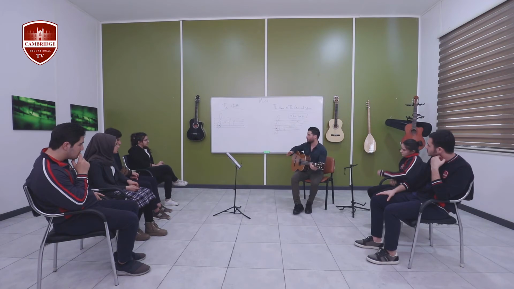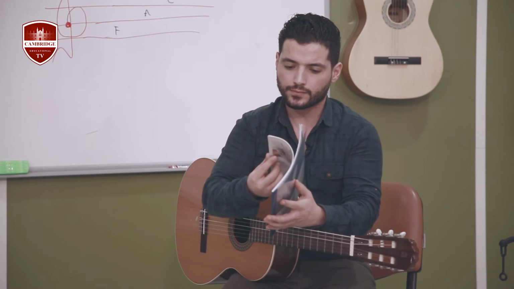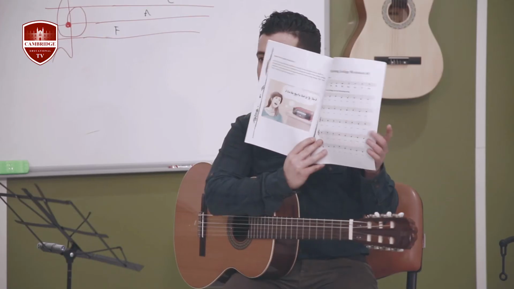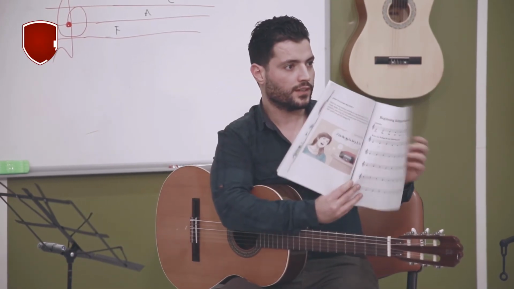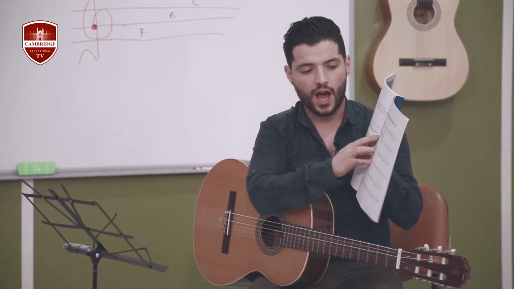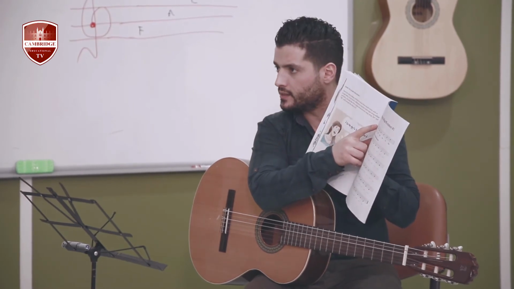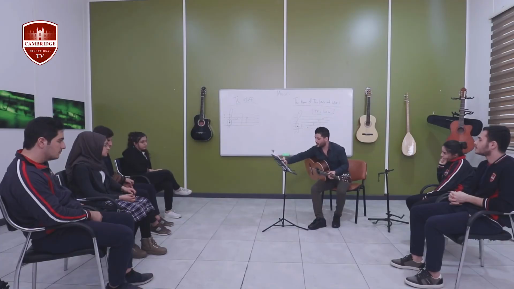I know that after you study the instrument, reading notes will be really easy, because as you see here, these are the notes. When I teach you music, I'll teach you how to read these lines and spaces, and I'll put a paper in front of you, and I will ask you to play this one for me.